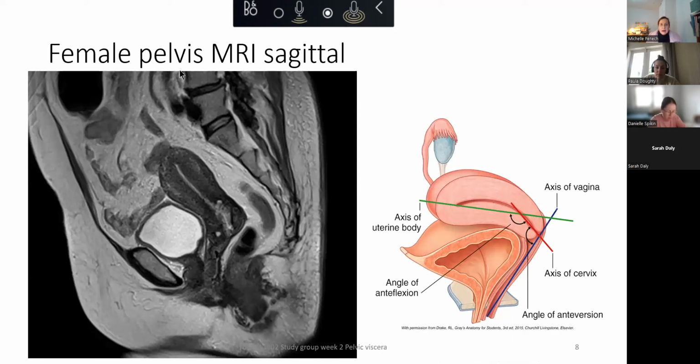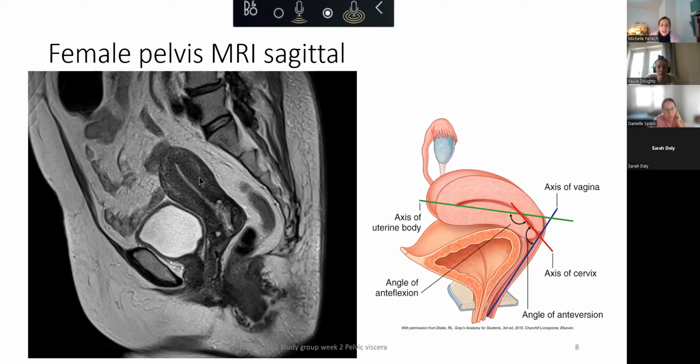So this is a mid-sagittal. We can see the spine at the back and the pelvic bone, or the symphysis pubis, probably pelvic bone here at the front. So this is anterior and this is posterior, this is superior and this is inferior. So we can see the urinary bladder and the urethra. We can see the uterus here. This is all the uterus. This bit that I'm circling here is going to be the region of the cervix.